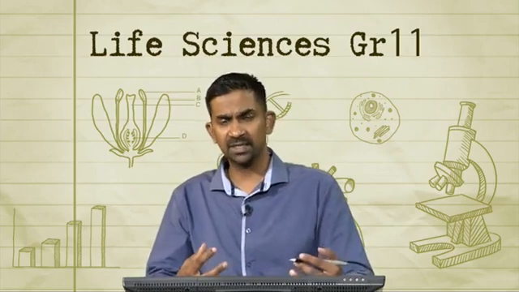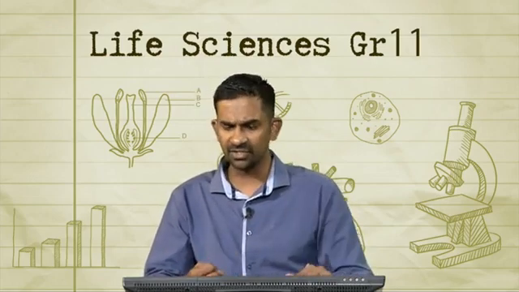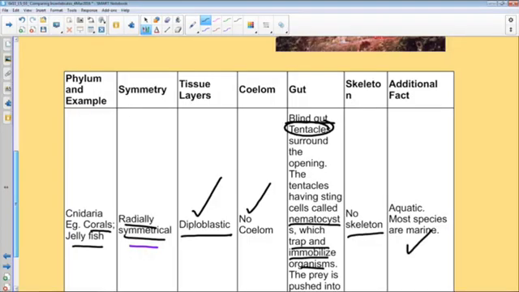Here we're seeing these organisms having the ability to attack or even pull food towards their oral opening. So again, we see the development and specialization becoming more complex. They lack a skeletal system, guys, which again is something that we see synonymous with the first group. And most of these are marine species. We find them predominantly in a marine environment.